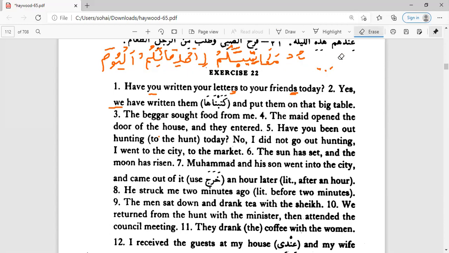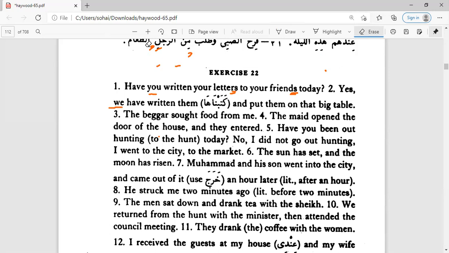Then next is, yes, we have written. So how do you say "we have written"? It's katabna. So we can write katabna. Yes in Arabic is na'am. We can write na'am. We have written, then katabna.